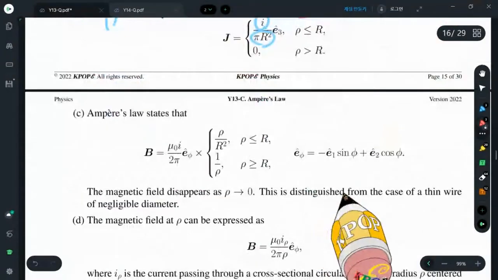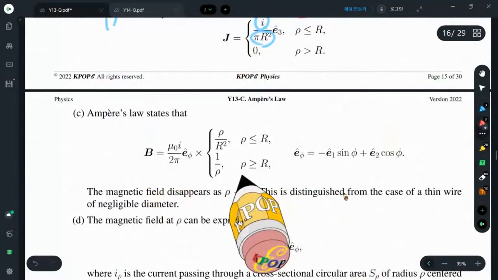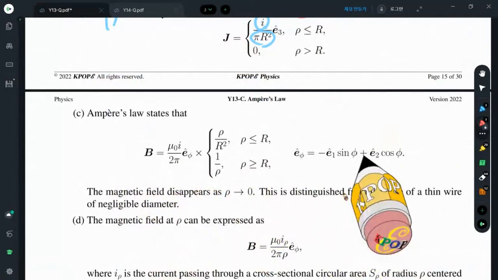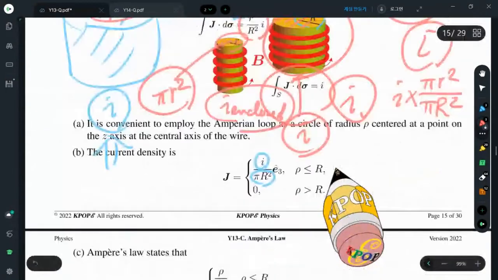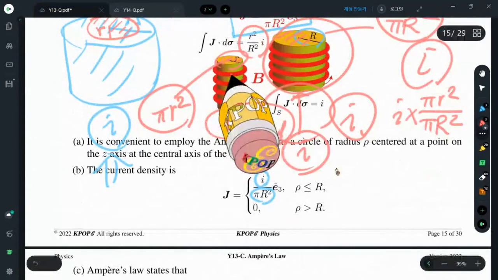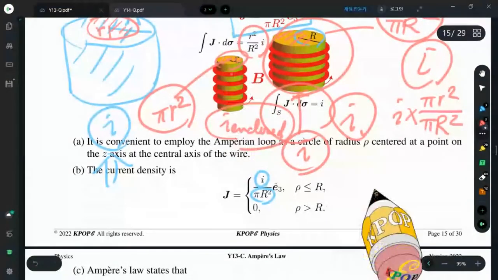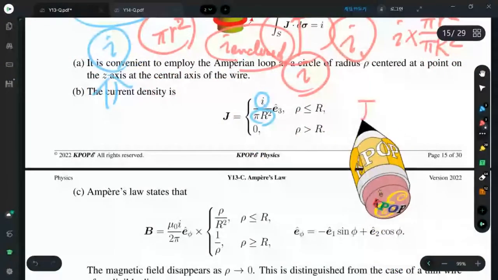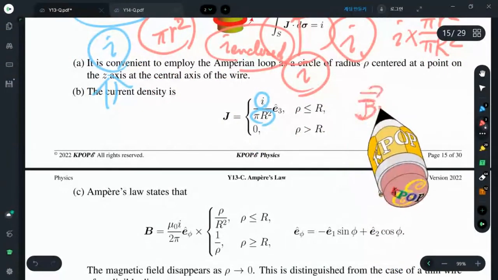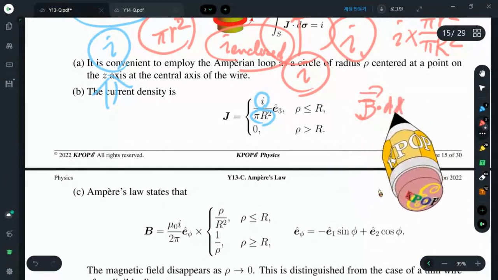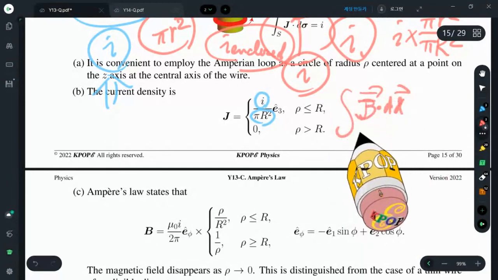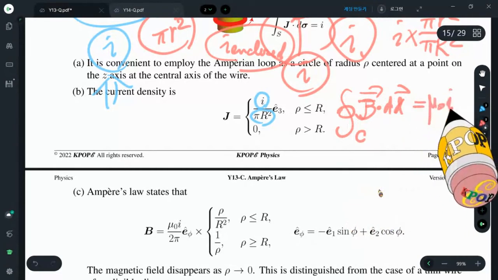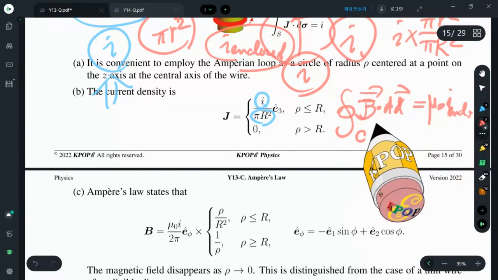So using this, I can find the surrounding magnetic field at this small r radius by making use of Ampere's law. B dot dl or B dot dx along a closed path is mu 0 I enclosed.